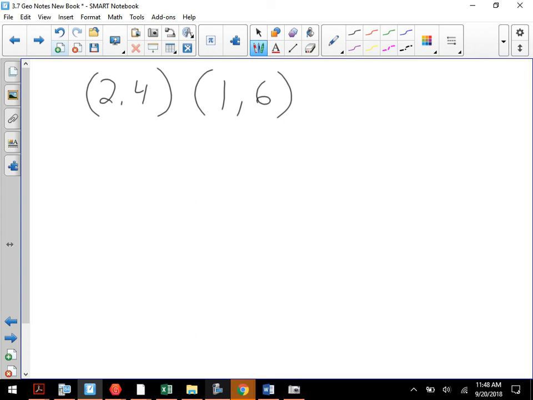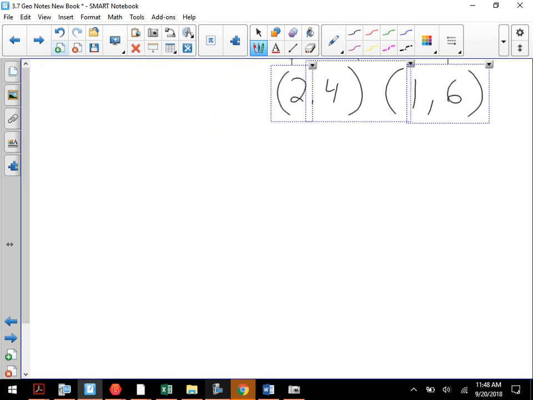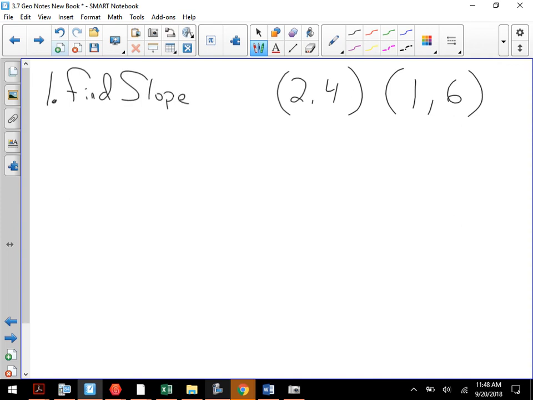So if you have to do that, the very first thing you're always going to do is find slope. First thing I do when I'm given a set of ordered pairs is find their slope. Change in y, 6 minus 4, over change in x, 1 minus 2.